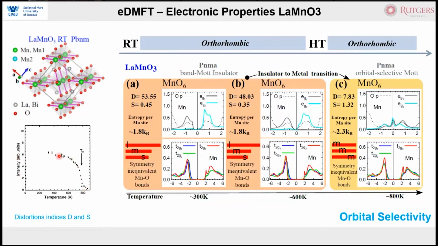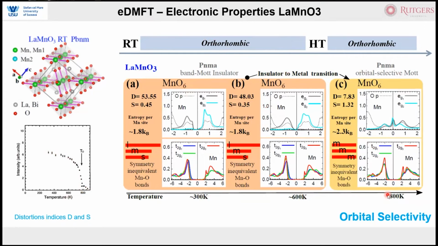This was interpreted as: where the signal is finite, you have orbital order, and once you cross this point and there is 0 intensity, you don't have the orbital order anymore. What I did was take crystal structures at room temperature, 600 Kelvin and 800 Kelvin.